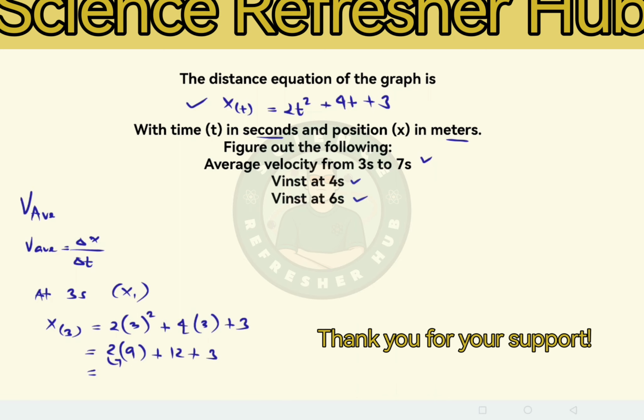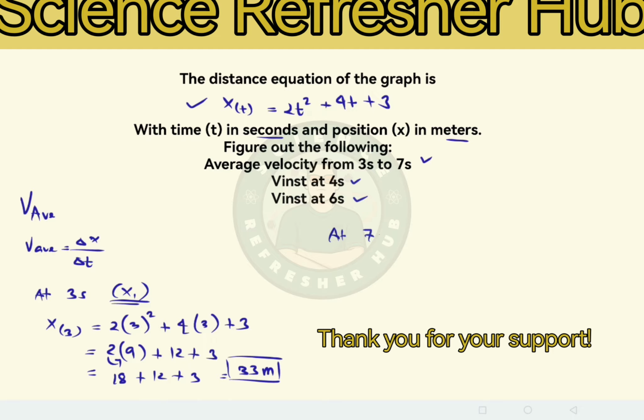So 2 times 9 is 18. 18 plus 12 plus 3, the answer is 33. Do not forget meters. This is our initial position.